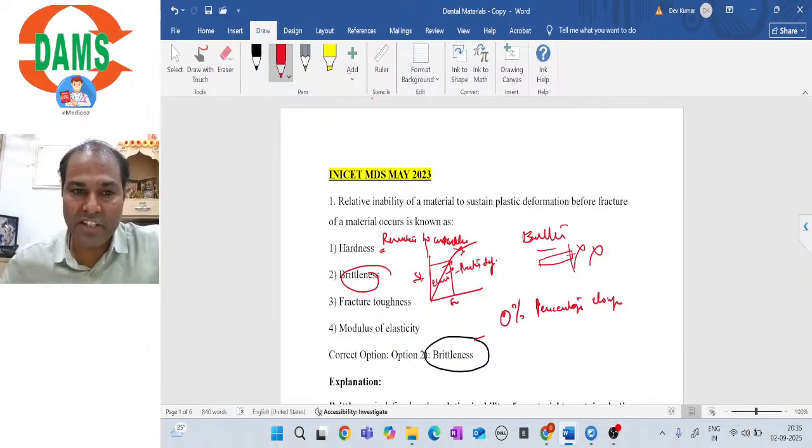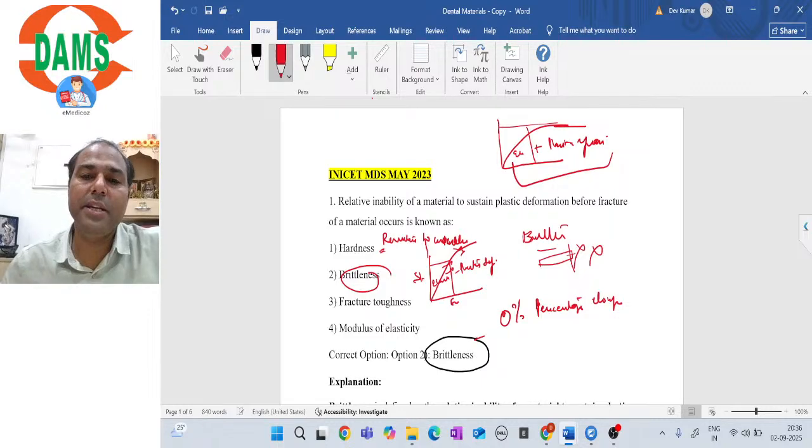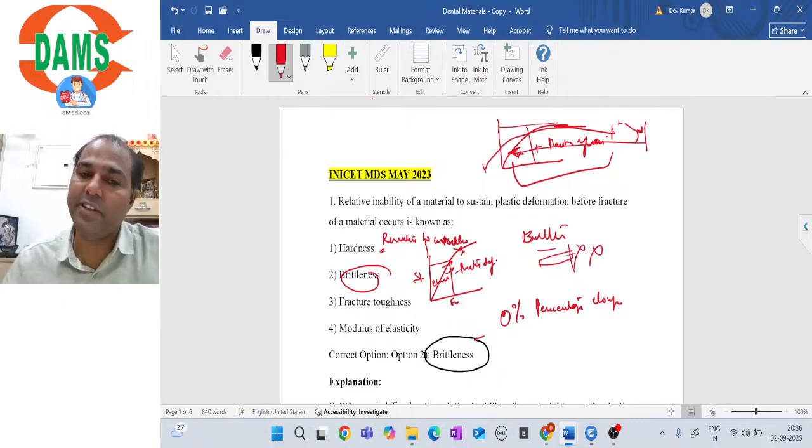Fracture toughness is basically the sum of the elastic plus the plastic region. तो how tough is the material means यहाँ से force लगी, इलास्टिक रीजन क्रॉस किया, प्लास्टिक रीजन क्रॉस किया, फैटीग हुआ, फिर टूट गया. टूटने से जस्ट पहले कितनी उसने फोर्स दिखाई, कितना उसने सहा, उसको बोलते हैं फ्रैक्चर टफनेस.